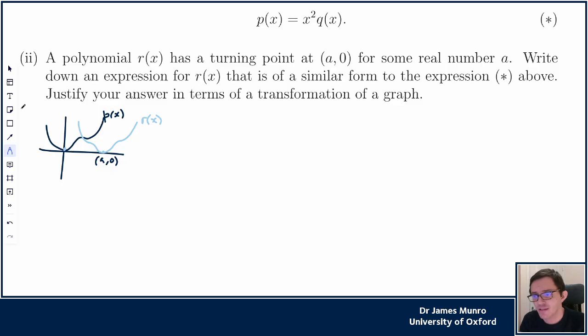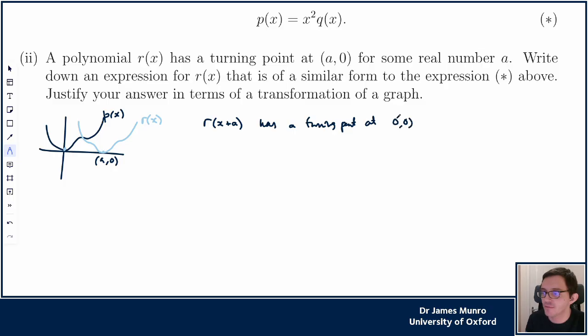If I do that, so r of x plus a has a turning point at (0, 0). So this is a different function of x compared to the one I've actually been asked about, because I've done this translation to it. But if I translate it a units to the left, remembering that that's the one where you add a to the argument, then this new function has a turning point at (0, 0).